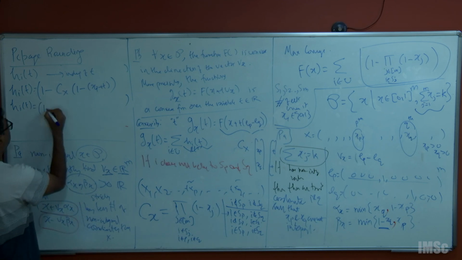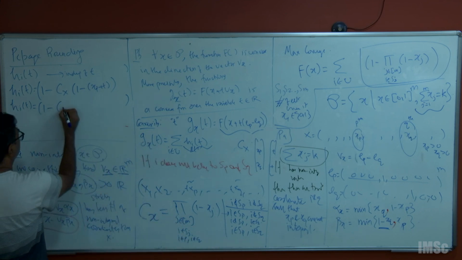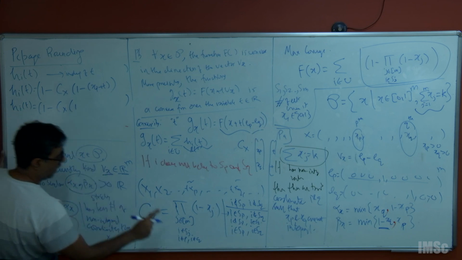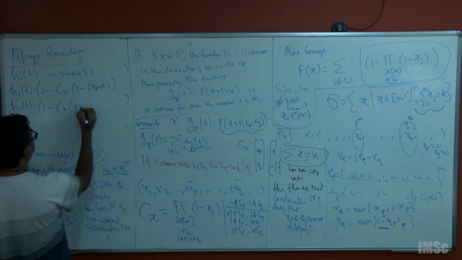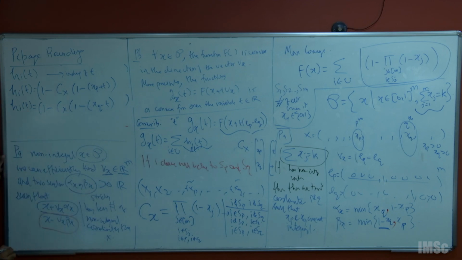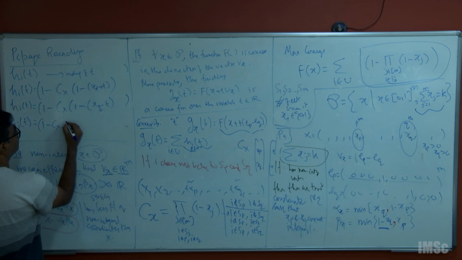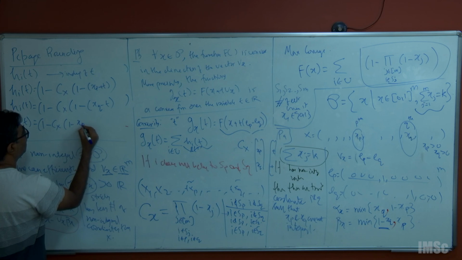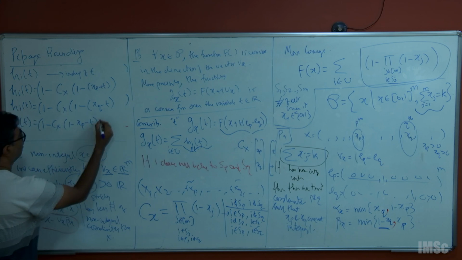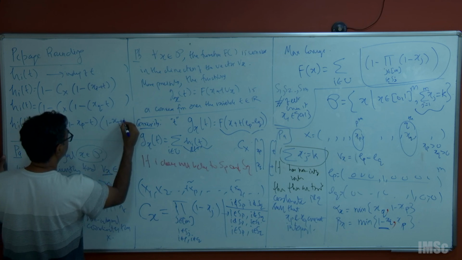Okay? So now what will be in the third case? i does not belong to SP, and i belongs to SQ. So what is this? It is 1 minus xq minus t. In the third case, what will be 1 minus Cx, the multiplication of these two terms, right? 1 minus xp minus t, and 1 minus xq plus t.